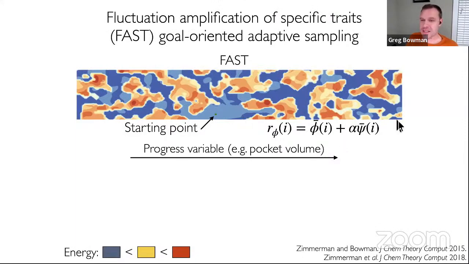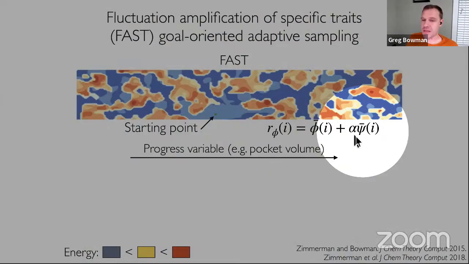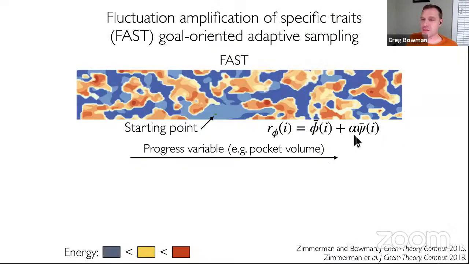But of course, we can easily imagine that there are going to be situations where this complex rugged landscape is going to give rise to dead ends. And if we just did this, we would probably get stuck pretty quickly. And so the other aspect of this is this exploration term, right? In its simplest form, this can just say, okay, all other things being equal, I would rather simulate a state that I've only seen once than one that I've seen 1,000,000 times.